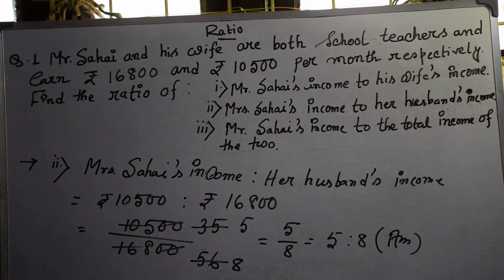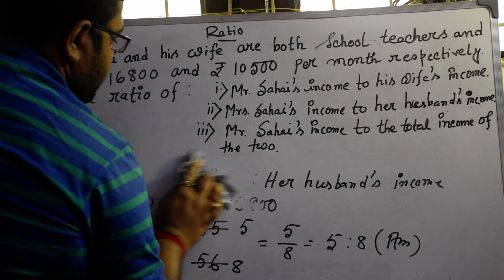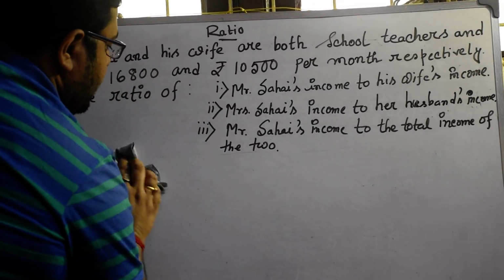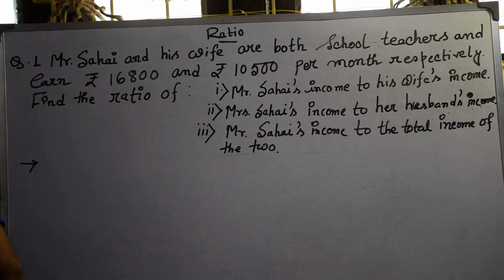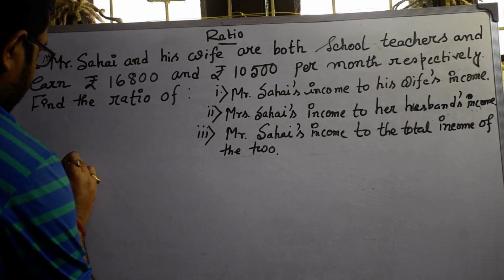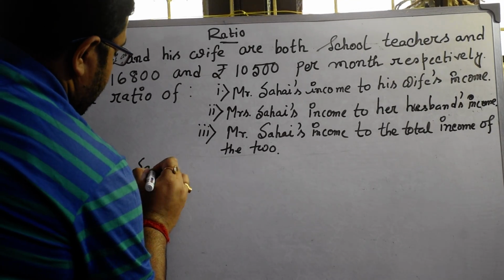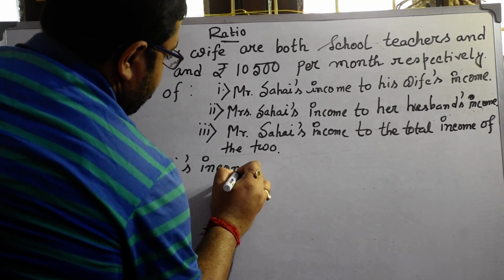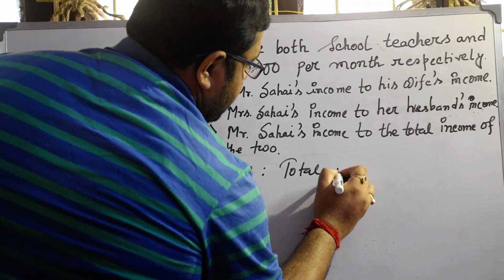Now what you have to do, so you have to find the ratio of Mr. Sahai's income is to total income. So Mr. Sahai's income is to total income.